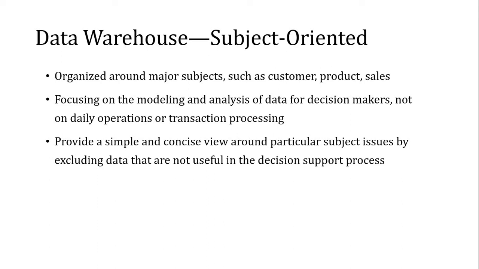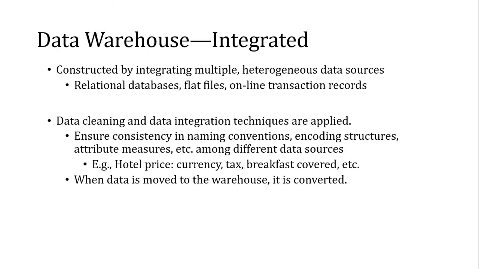That is how we can deal with the product. If customers like those chips at a lower price, that can be a promotional activity. So that is the subject-oriented thing.